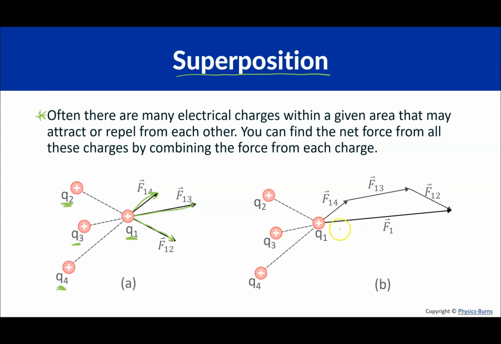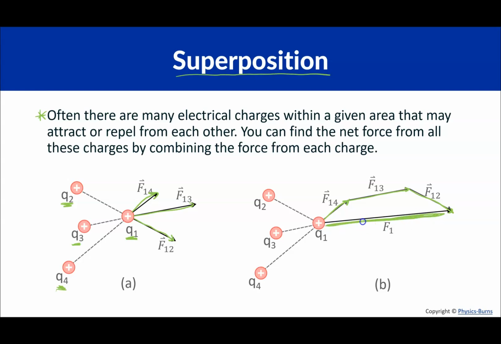This one is coming from 4, this one is coming from 3, and this one is coming from 2. What you get is the combination, which gives you the net force of all of this.